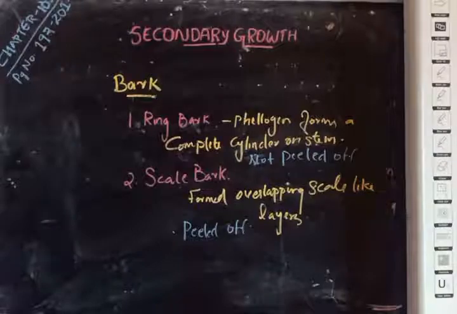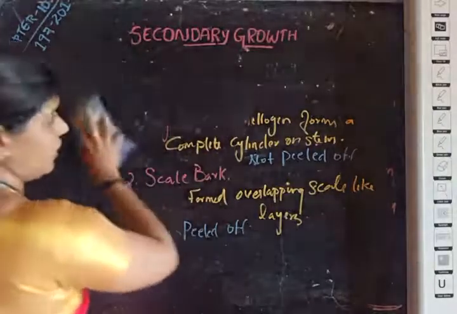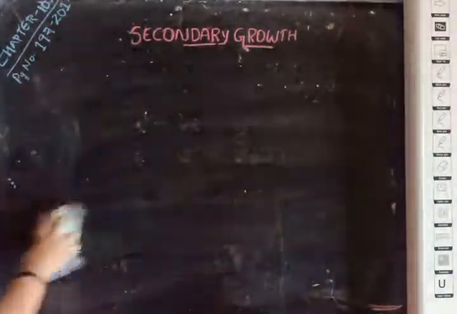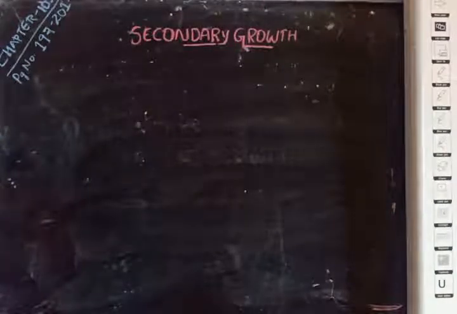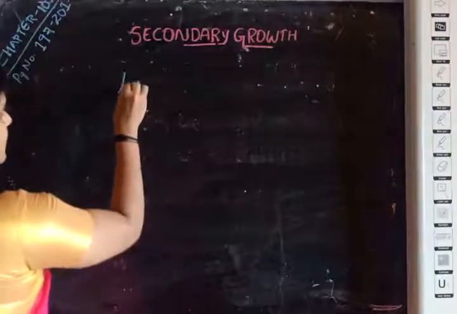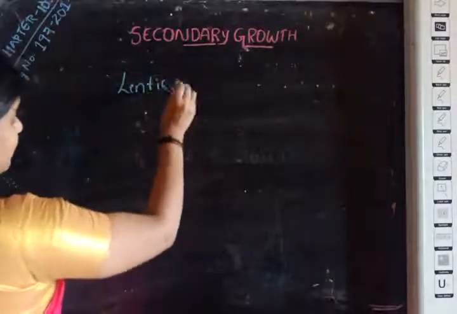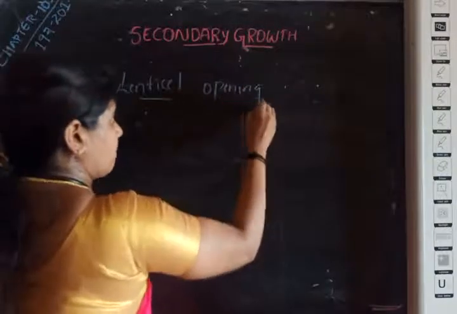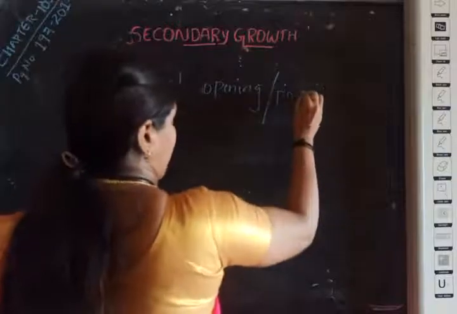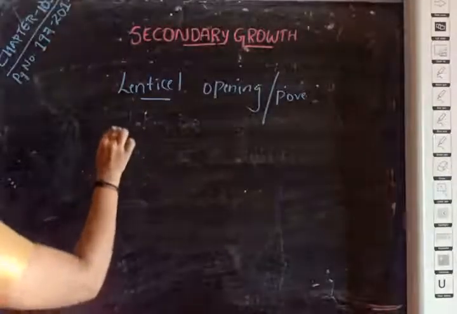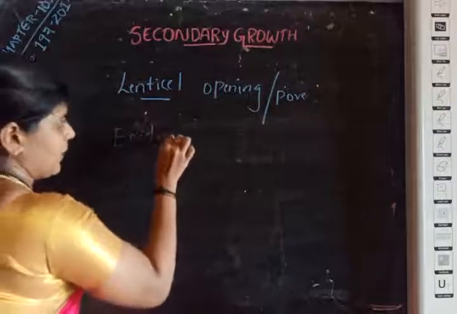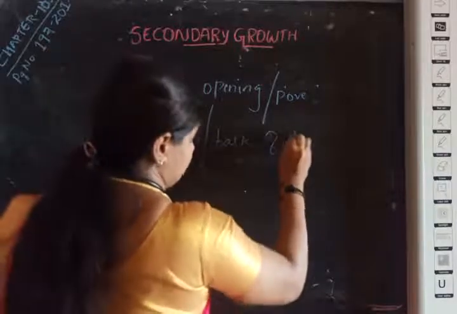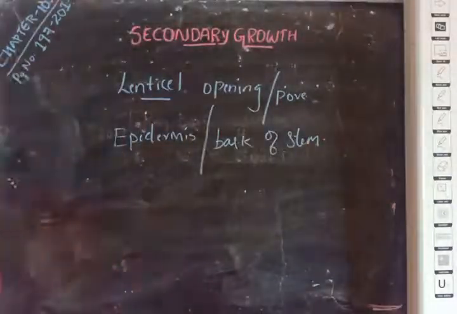Now we are moving to lenticels. What are lenticels? Lenticels are simply pores or openings found on the epidermis or bark of the stem.